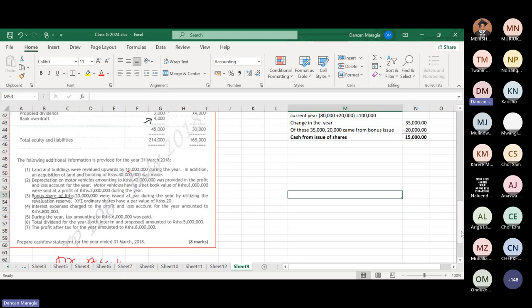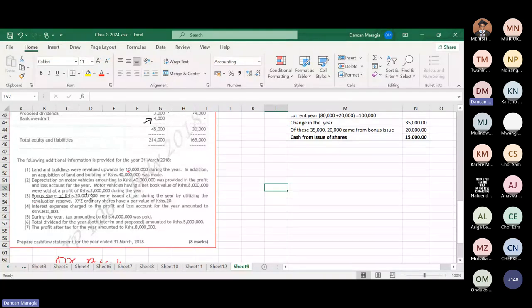Which other figure? Just look at the question. Interest expense charged to the profit or loss account for the year was 800,000. What about XYZ ordinary shares having a par value of 20 shillings? That will only tell us the number of shares issued.